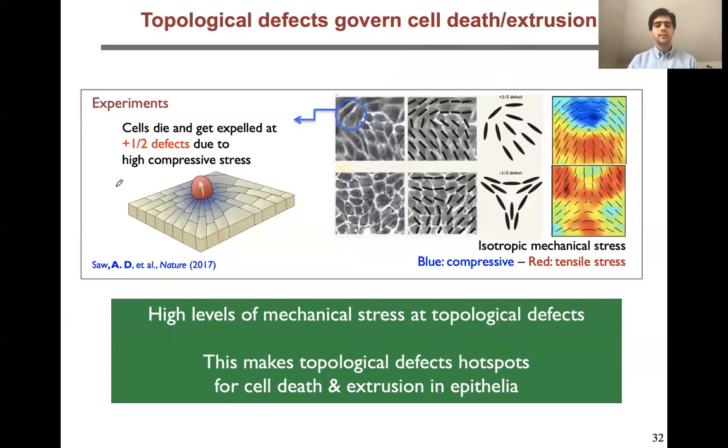So again, this highlights another example of using active matter understanding, and in particular phase field modeling, to find some kind of biological functionality and to understand some kind of biological process. And I hope by this point you are convinced about the importance of active matter, and in particular active nematics, and more specifically topological defects in terms of biological systems.